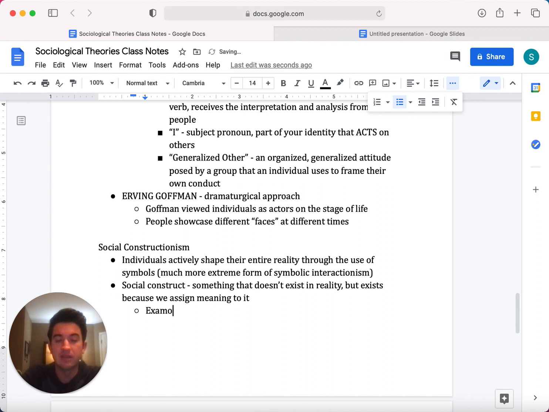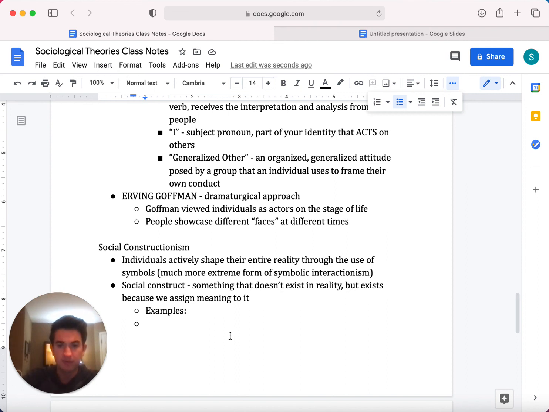Okay, and then there's some examples we can talk about here. So, social constructs are all those things that don't necessarily mean anything, but because of human interaction and because of the way that we operate in our societies, we kind of assign arbitrary value to those things.